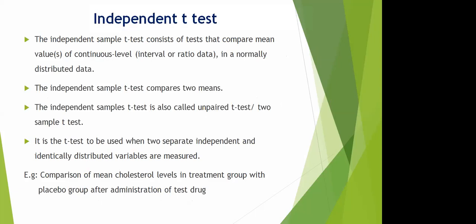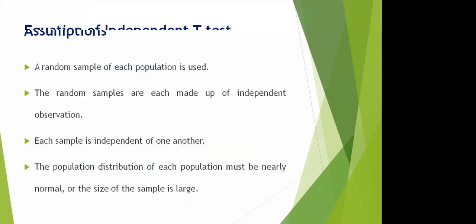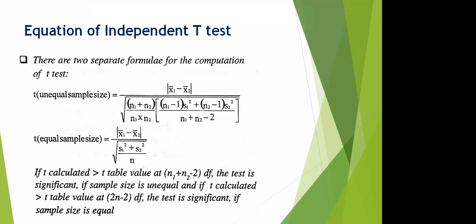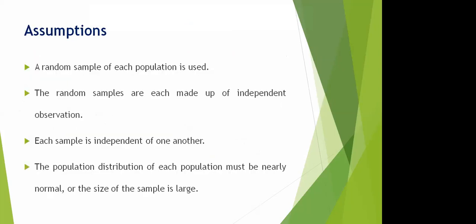So these are all we discussed already, and these are some equations. Our target audience is not focused on the university examination, and you need not bother about the equations. I'm just showing the types of equations.